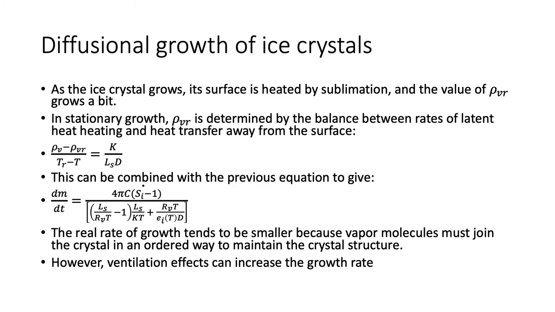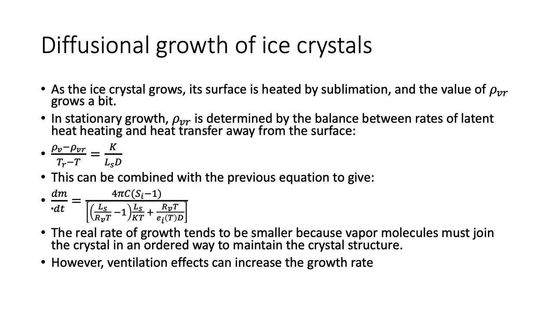So in this case, it's the supersaturation with respect to ice. This is saturation vapor pressure with respect to ice. This is latent heat of sublimation, and so forth. But it's essentially a very similar equation to the one that we had seen before. Okay.